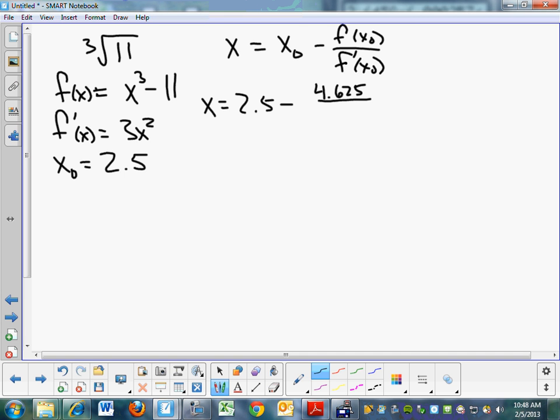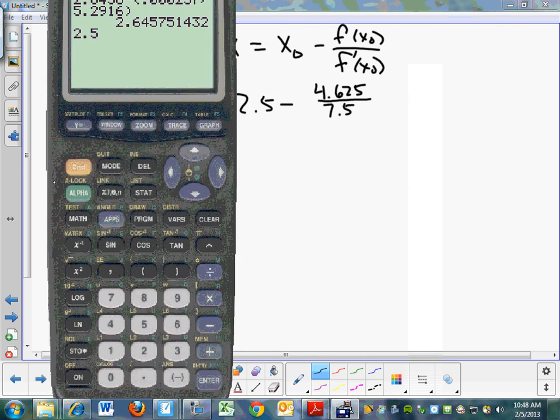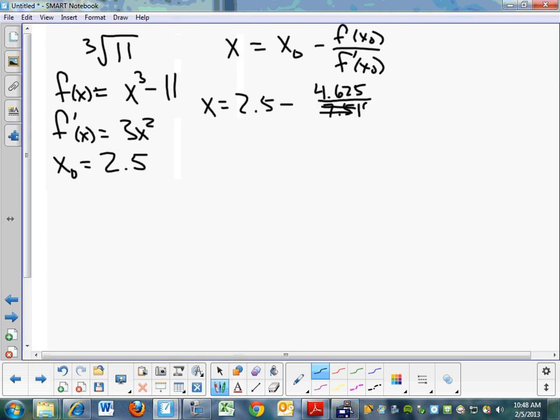F prime of that, so 3 times that squared, 7.5. So 2.5 minus parentheses 4.625 divided by 7.5, and we get what? 18.75.